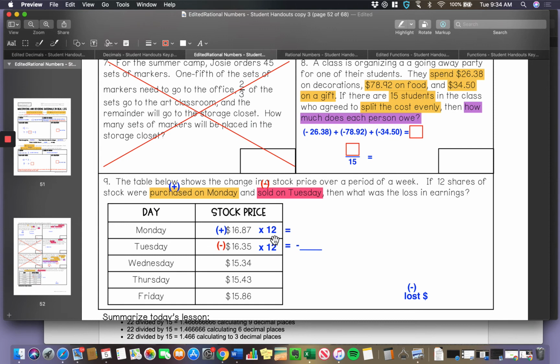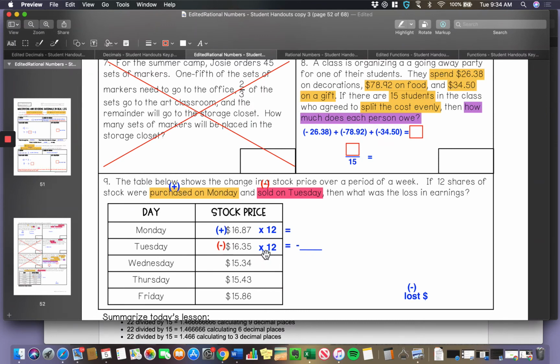And they bought 12 shares of that. So one amount of stock was $16.87, and they did 12 purchases. So that's times 12. Then on Tuesday, the stock was sold. So on Tuesday, it cost this much, and it was sold. So it's going to be negative.